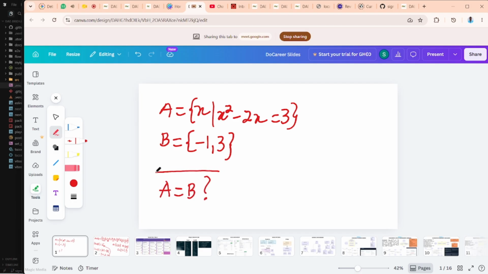This is the question now. How can we do it?